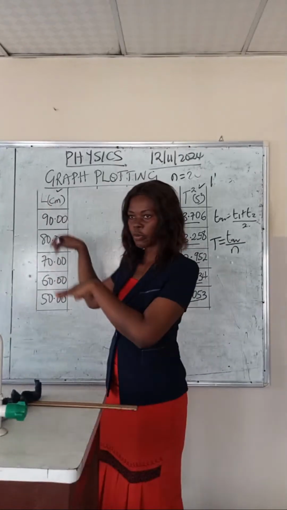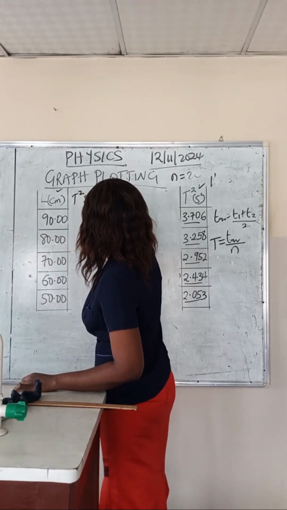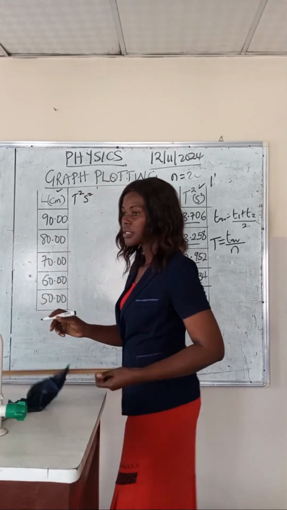Okay, so let's replace what we have. This will be T square, right? And the unit is second square.